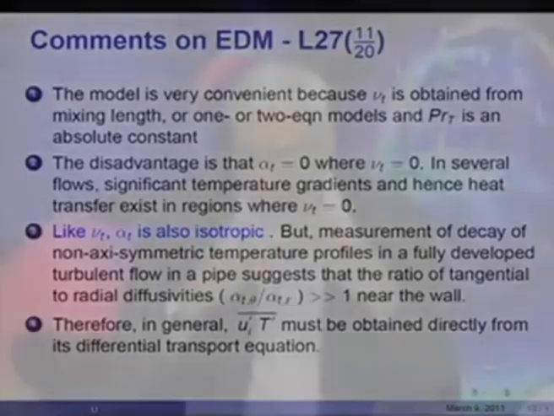So, like we said, after realizing the limitations of the eddy viscosity model, we went to the stress equation model. We would now go, having realized the limitations of the eddy diffusivity model, to the turbulent flux model.